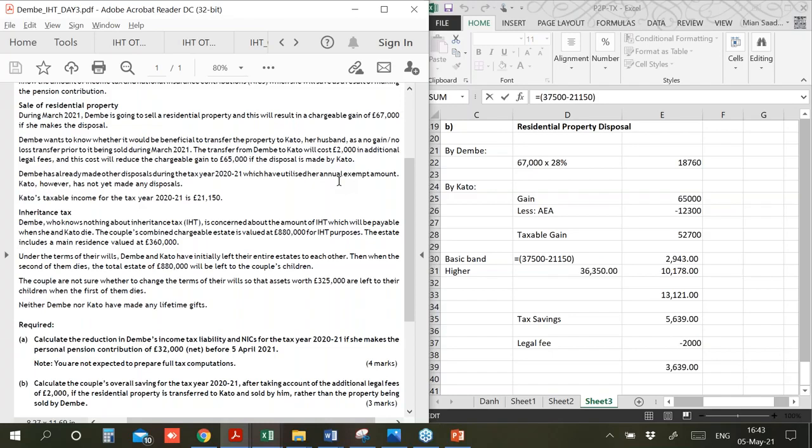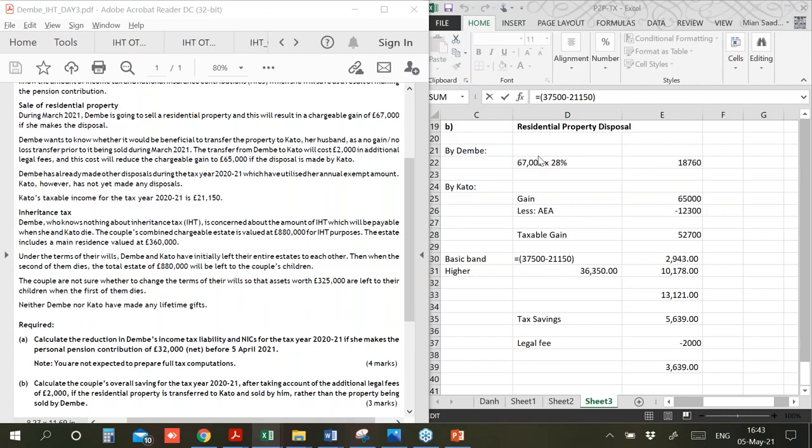Whenever spouses transfer or leave their estate to each other, does it give rise to any IHT liability? No. That is exempt, which means that if any one of them dies, the other spouse does not have to pay any tax.